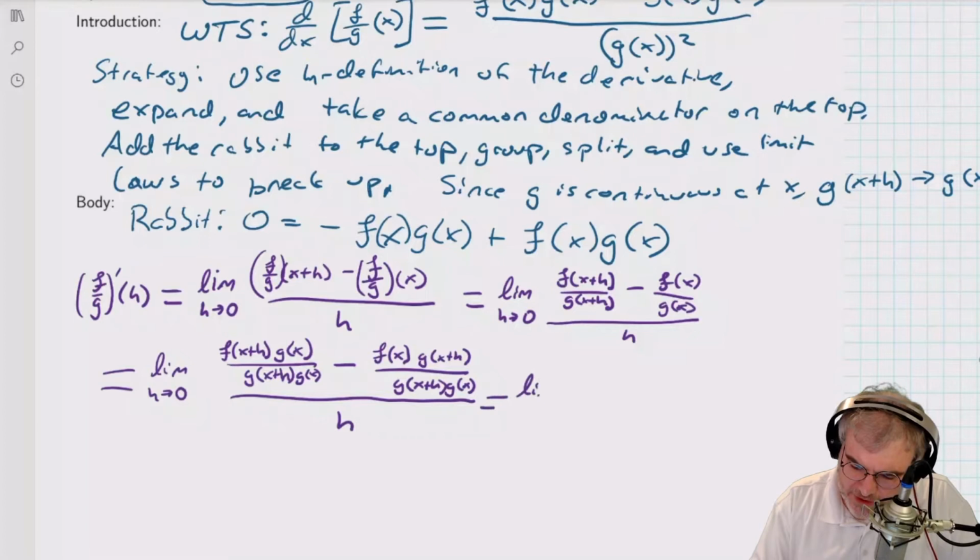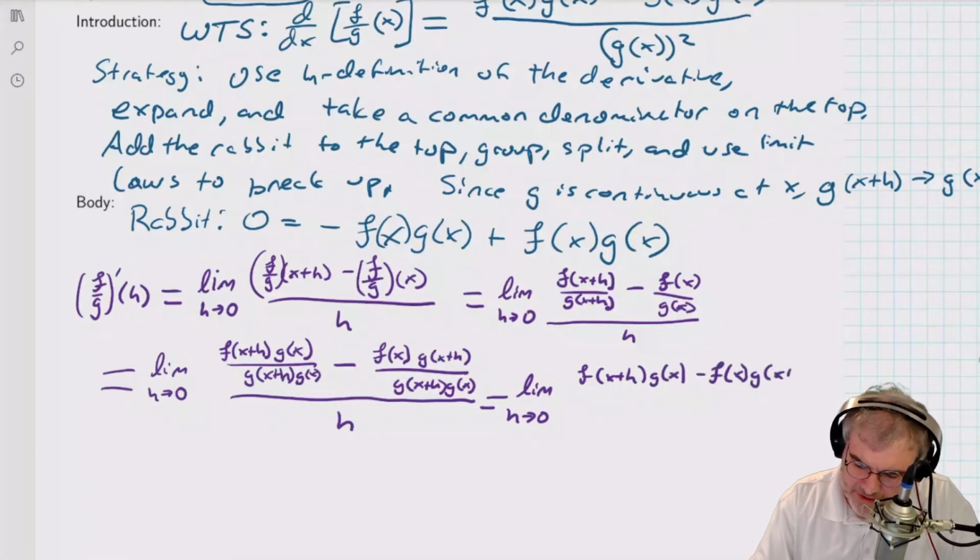Equals the limit as h goes to 0 of f of x plus h, g of x, minus f of x, g of x plus h, over g of x plus h, g of x, all over h.